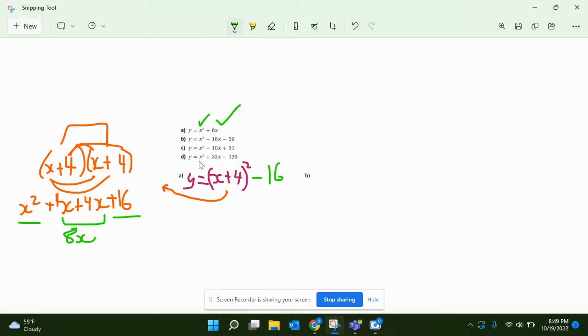Now, for the check. When we go and check it, you should be graphing this function, not the one that you just made. Let's graph the original function and check the coordinates on that. Okay, so we're going to graph the original function that we had to complete the square on. The coordinates that we're looking for, of course, are -4 and -16.